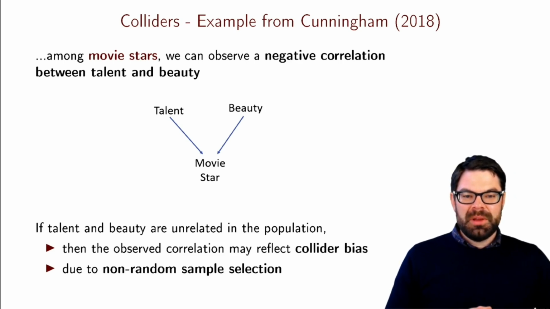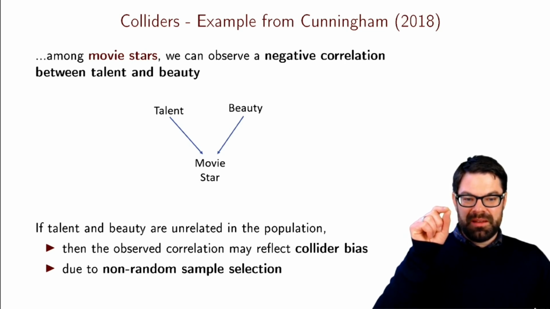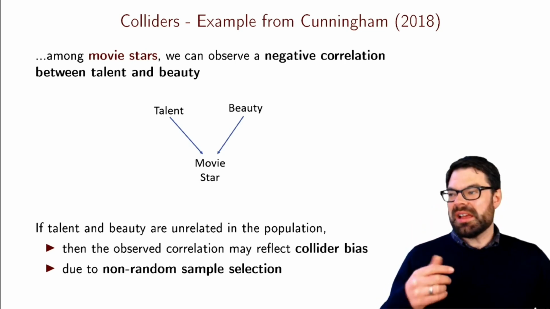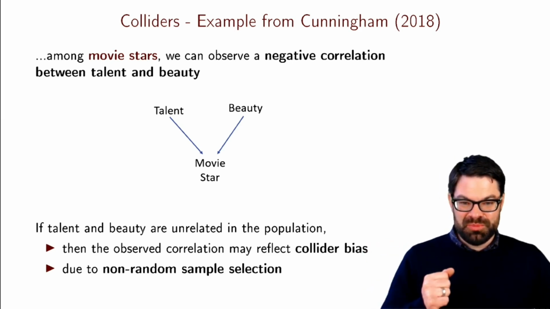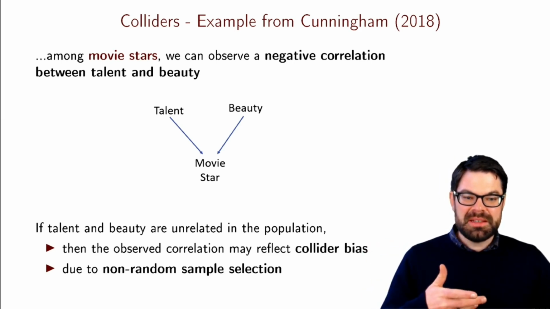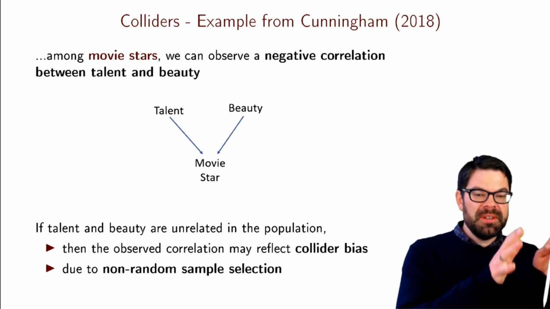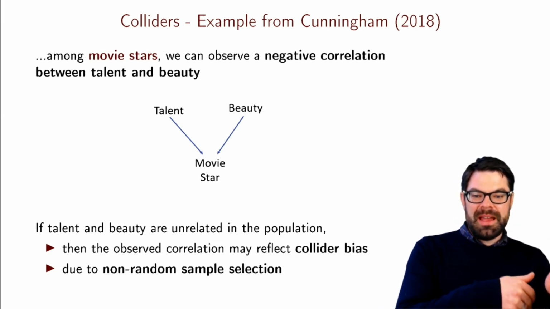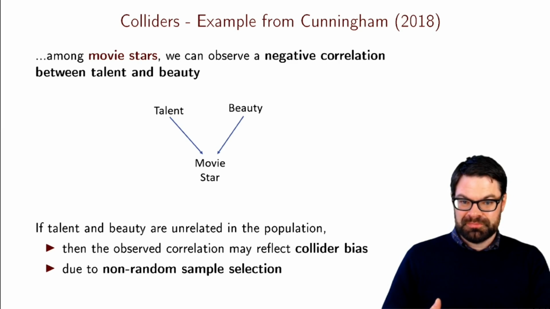And now suppose that in the population this is actually not true, right? That there's no reason why the two things should be correlated. But if you observe them in a specific sample, that may actually be the reflection of collider bias rather than a true relationship.